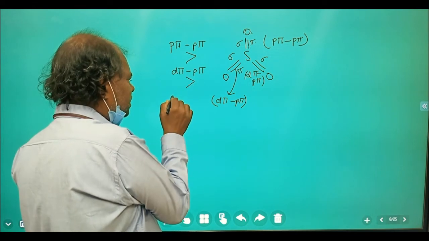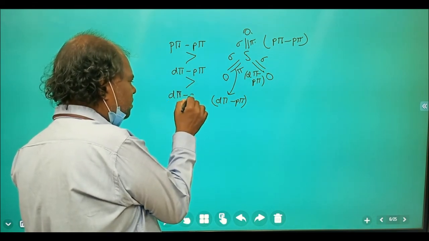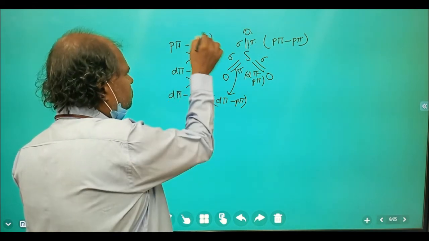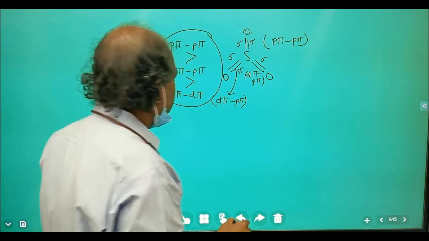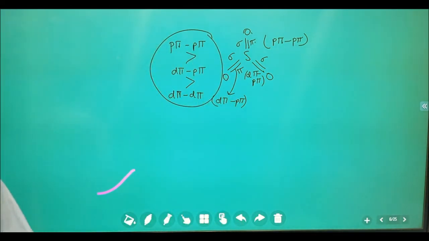And there is one more type of bond, d pi, also. But this is the strength of the bond. p pi will be the strongest actually. Just note this down.